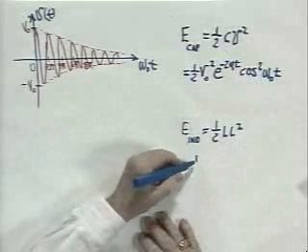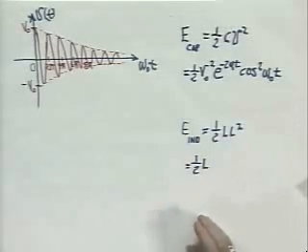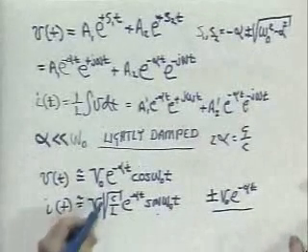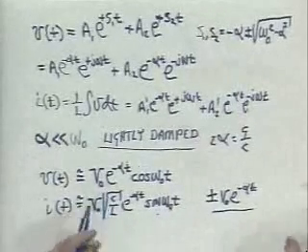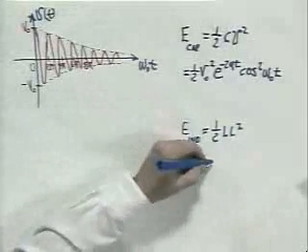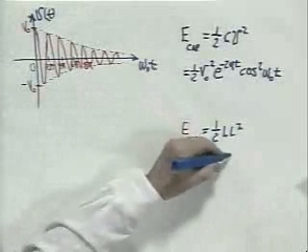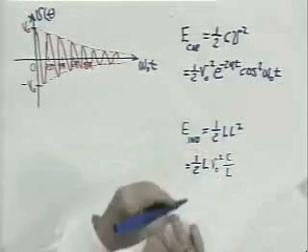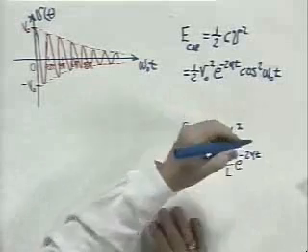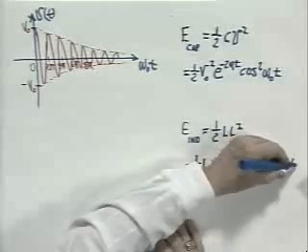And for the inductor, I get 1/2 L I squared. If we look back at I, when we square it, we get V0 squared times C over L. The radical squared is just C over L. So it's 1/2 L V0 squared C over L e to the minus 2 alpha t sine squared omega naught t.